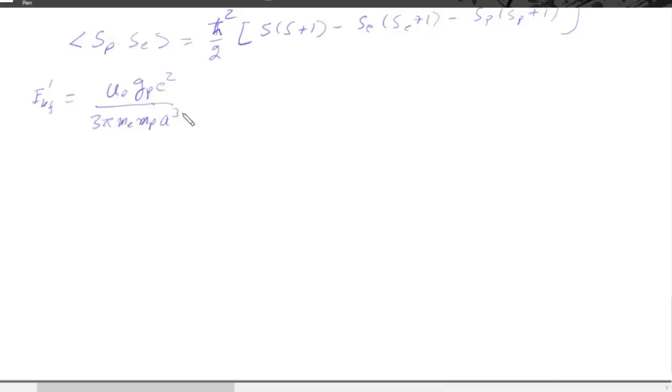Okay, then the value of this is ħ² divided by 2 into s(s+1) minus s_e(s_e+1) minus s_p(s_p+1). Okay, now we know the spin of the electron and the proton both have the same spin half.